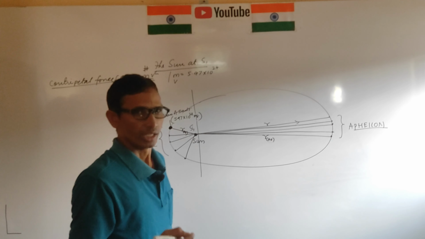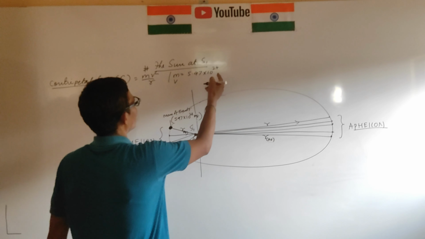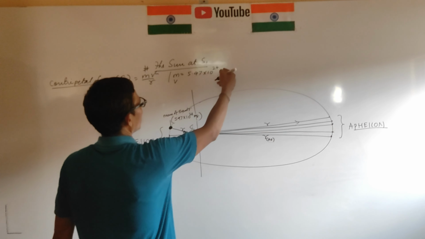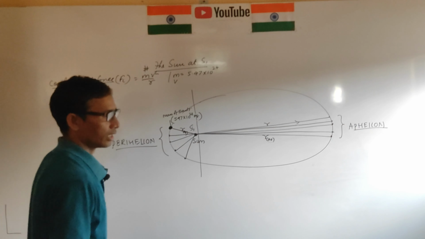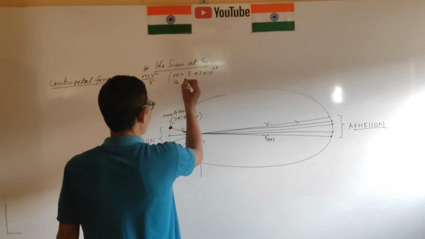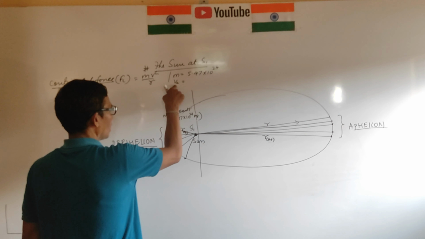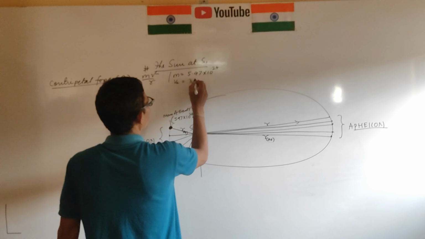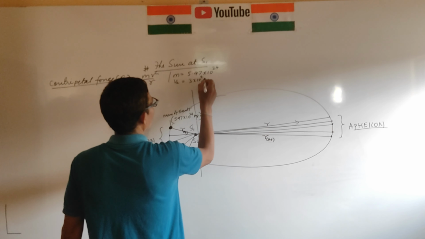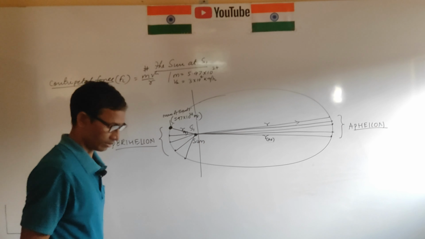It means 30,000 meters per second. So the velocity of the earth around the sun is 3 into 10 to the power 4 meters per second.